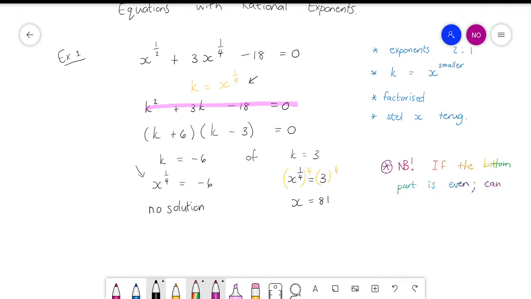It's coming, it's coming. We hope. Okay. If the bottom part of the equation, as die noemer 'n ewige getal is, dan kan hy nie vir jou 'n negatiewe antwoord gee nie. Do I need to prove that to you guys? Obviously I do. We question everything.